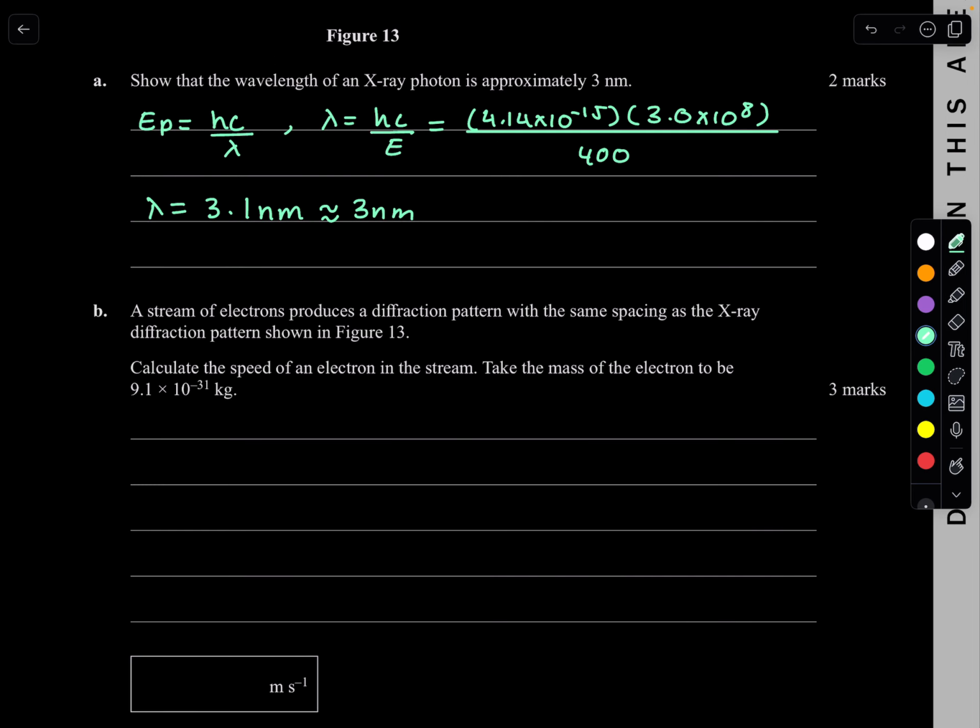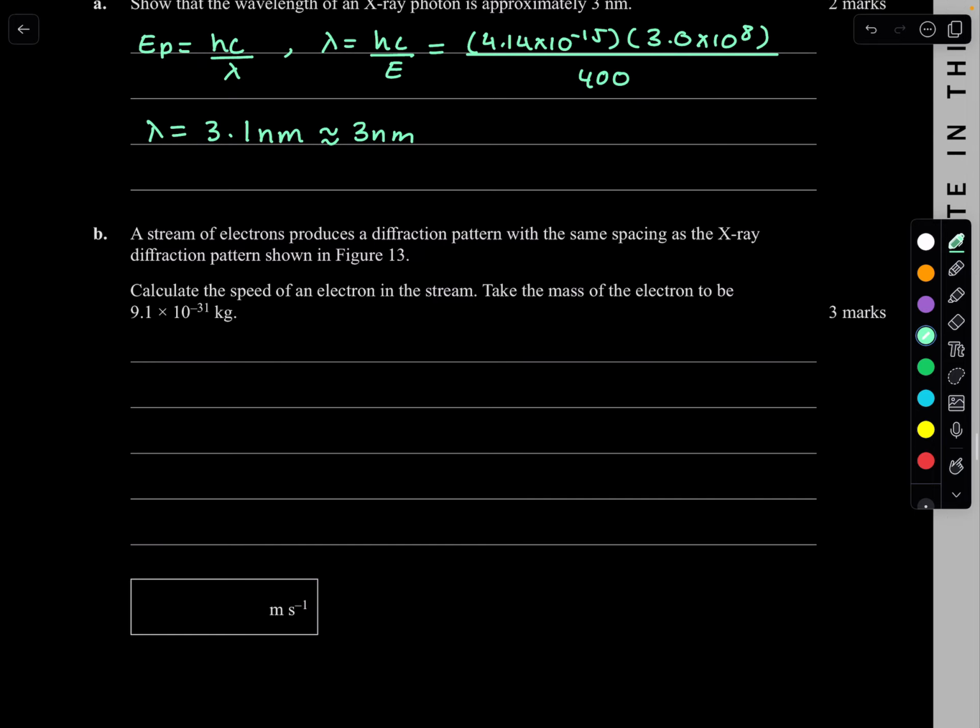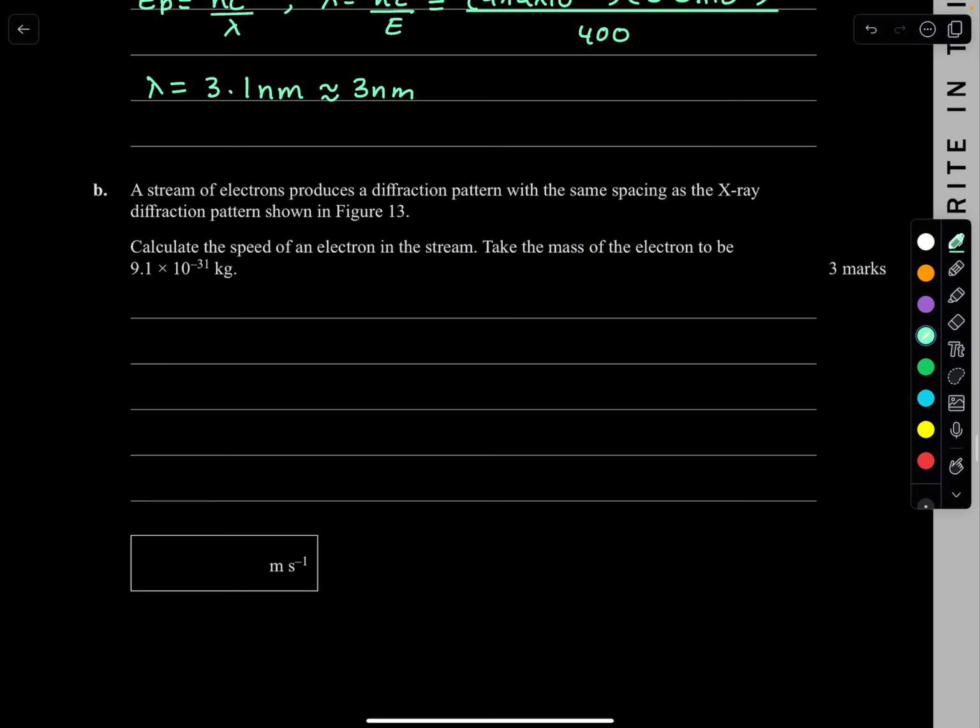Next question, B. A stream of electrons produces a diffraction pattern with the same spacing as the X-ray diffraction pattern shown in figure 13. Calculate the speed of an electron in the stream. Take the mass of the electron to be that. Easy question. Because I want the speed, I should first calculate the momentum, which is h over wavelength.